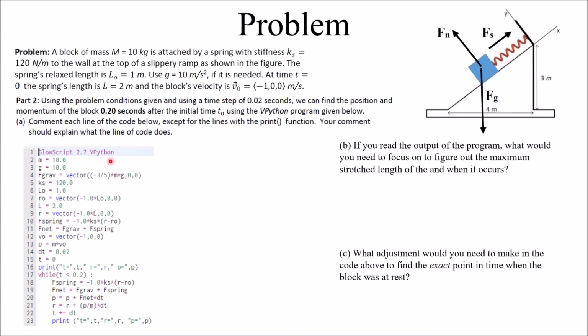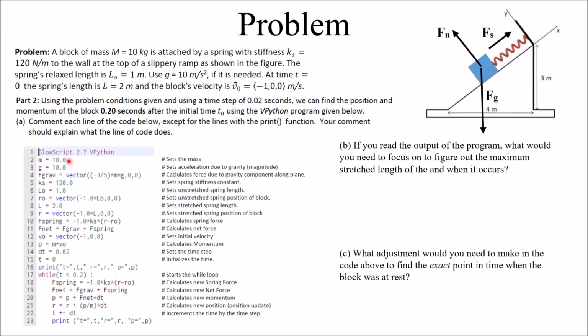And so what we usually would do with these lines of code is start off by defining our variables. And so we have the mass to be 10, we have g to be 10, we're going to calculate that force of gravity in the x direction to be that -mg sine theta. We're going to have the spring constant to be 120.